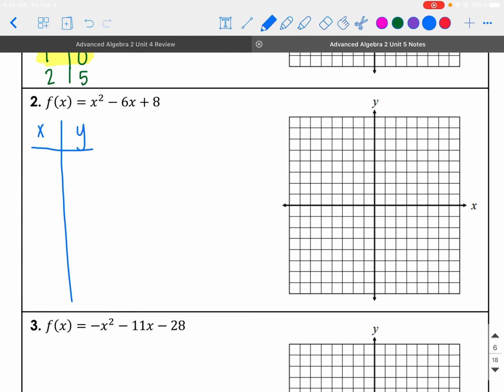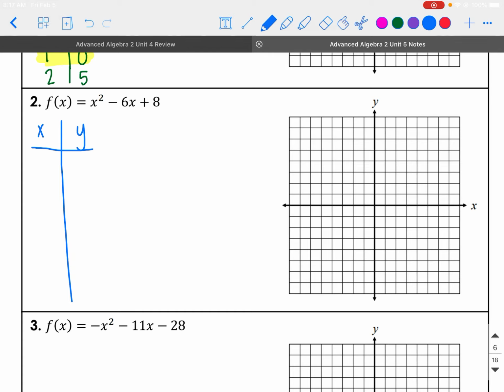It's possible that your table may show up empty. Sometimes the settings are set so that it automatically gives you the numbers, and sometimes people change those settings so that you have to type in the x. If your table is blank, just start typing in some numbers like negative 8, negative 9, negative 7 to see those points. Actually, this one, you really needed to start out about 0.